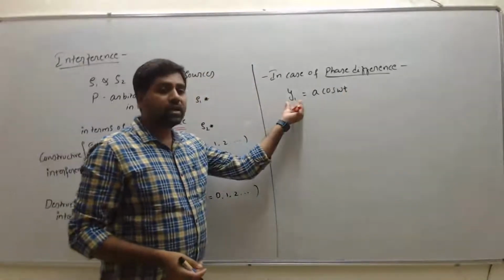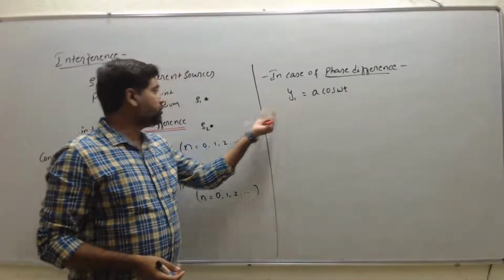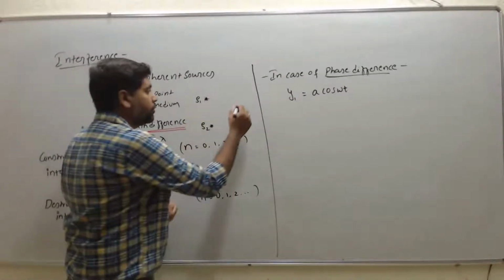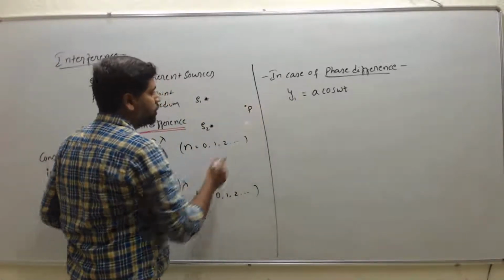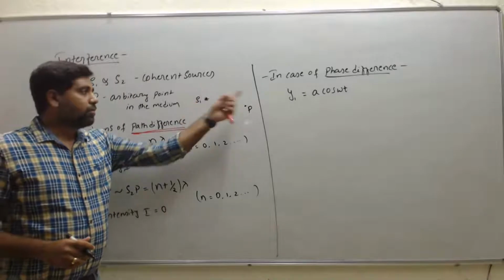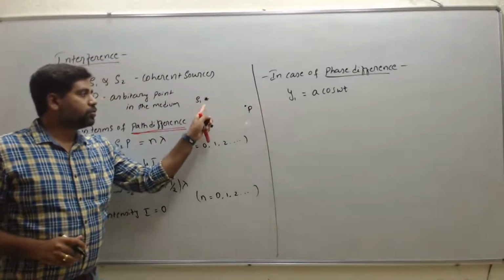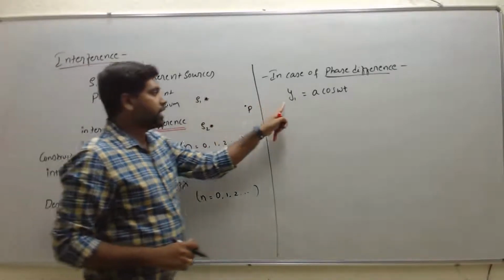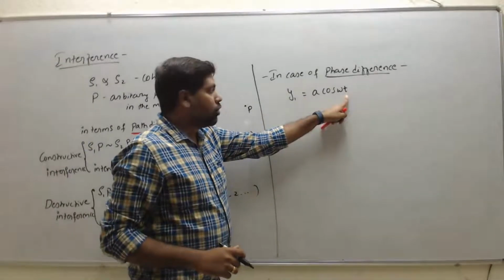Here y1 is the displacement produced by the source S1. We can write y1 is equal to A cos omega t.